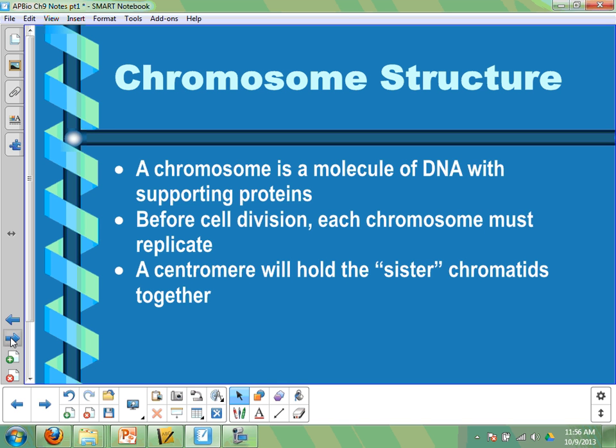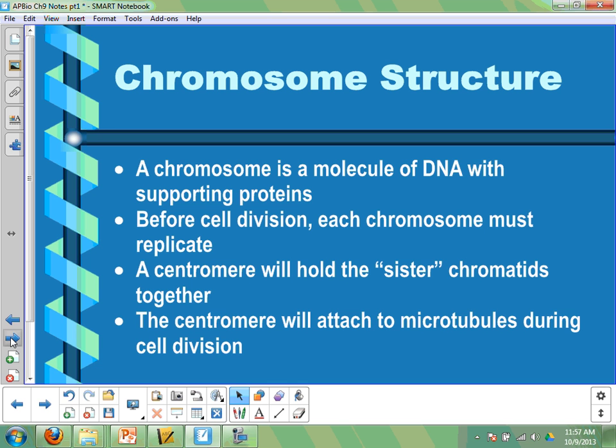And each side, each piece of this chromosome, is referred to as a chromatid. We'll look at a diagram in just a second here. But the centromere is also involved during cell division as a place where microtubules can attach and move those chromosomes around. So this is an attachment point for the structures that will cause the chromosomes to move.